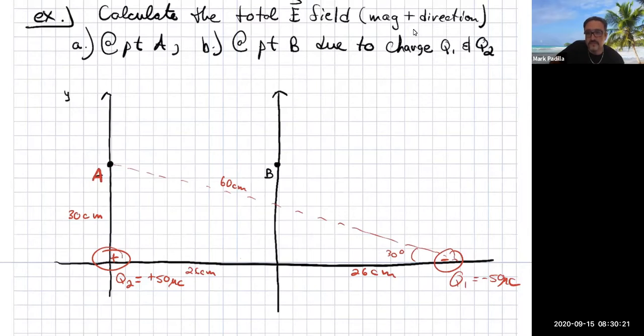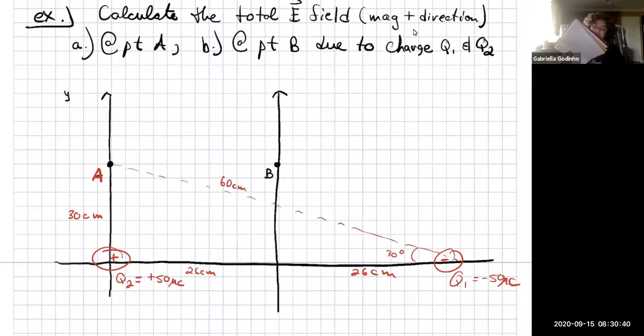So we can just simply write out the vectors right now. Which way will the electric field point due to Q2 at point A? In towards the Q2.